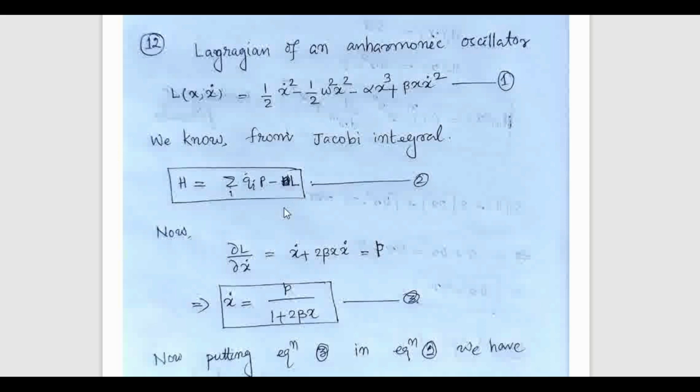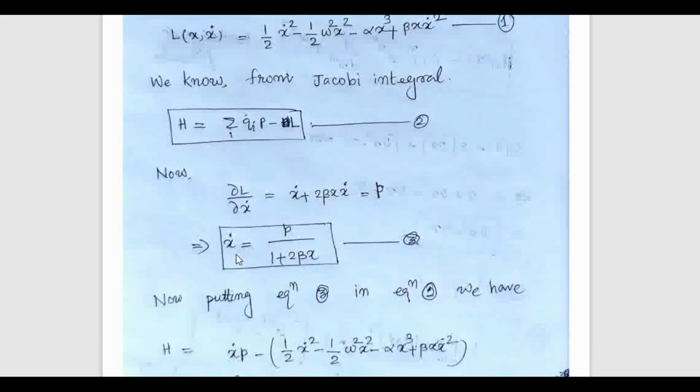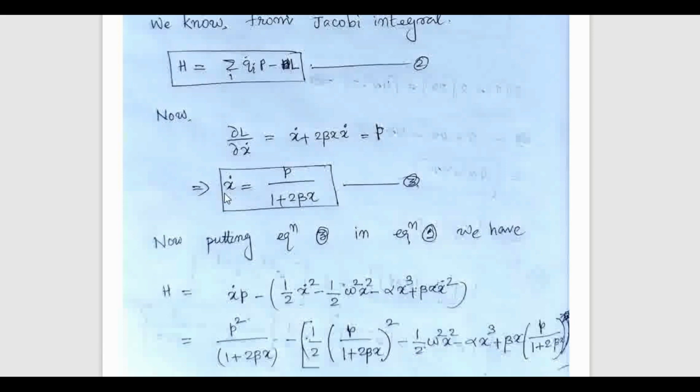So we have to first find the generalized velocity. How to find it? We can find it from del L by del x dot. If you take the partial derivative of this quantity, you will get x dot plus 2 beta x x dot, and you will get the generalized velocity value as p by 1 plus 2 beta x.